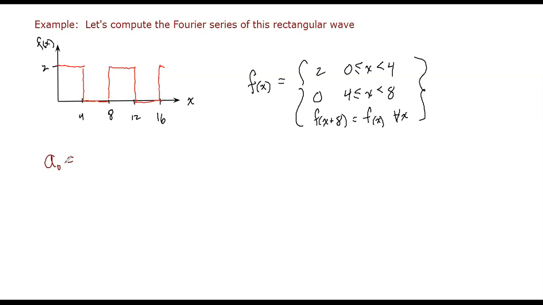Would it just be 2, our first function? So close. It's the average value. It's going to be the thing that offsets it. You're thinking about taking a sine wave and you've got to add something to it to move it up from the x-axis, right? What is the average value of a function that spends half its life at 2 and half its life at 0? So it's 1. Exactly.